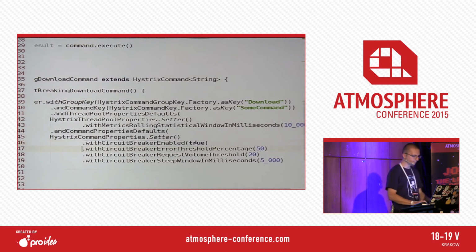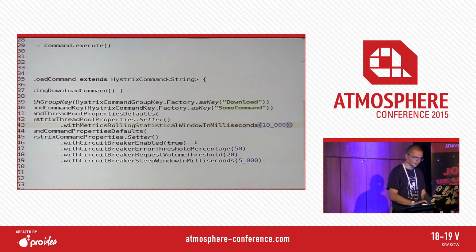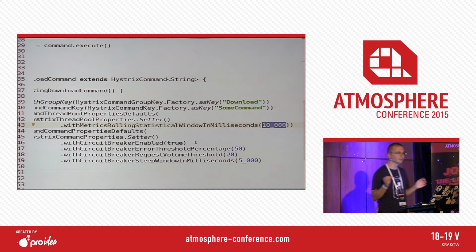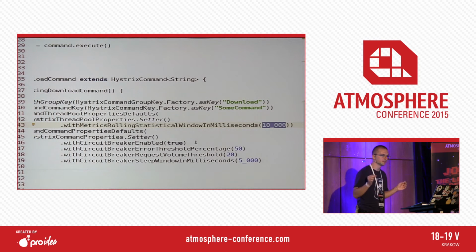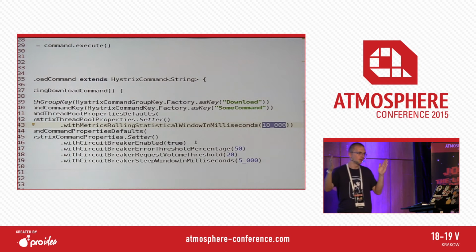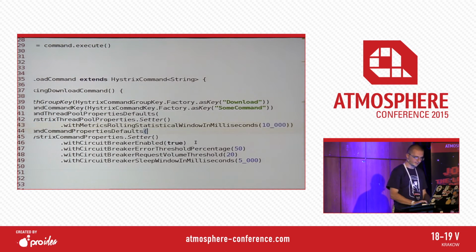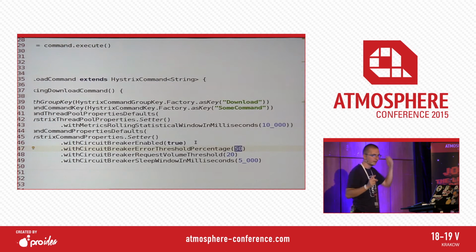So in default configuration, let's start from here. In default configuration, I am keeping 10 seconds of statistics. So there's a moving window of statistics, and I'm keeping the most recent 10 seconds. Circuit breaker, and this is important, is per every command. So there's no global circuit breaker in your application.